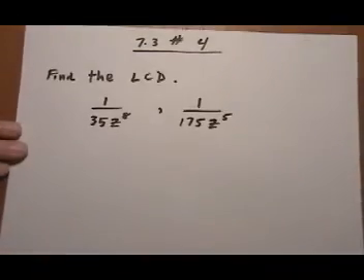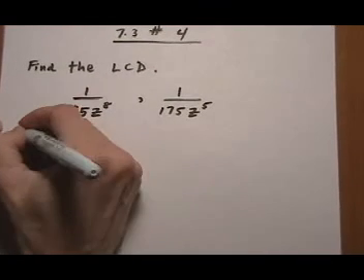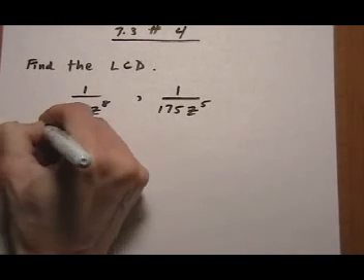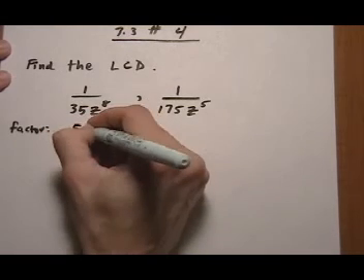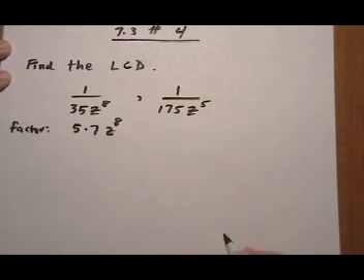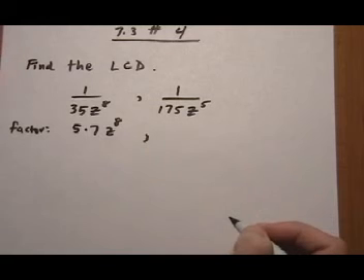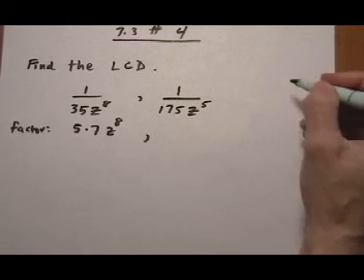7.3, number 4. And we're always going to use the same steps. Factor, build. So the factor step, 35 is 5 times 7, and then z to the 8 is just z to the 8. And then 175, well, we can factor that by using the tree method right over here.